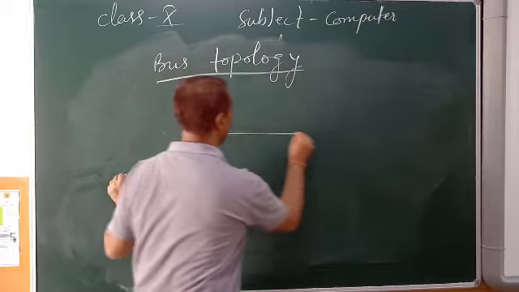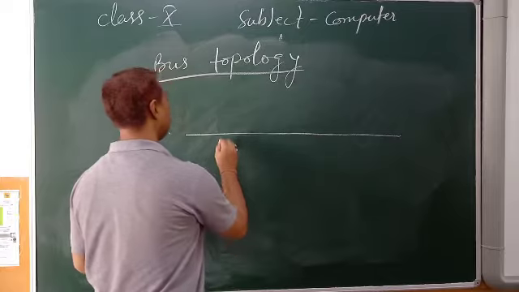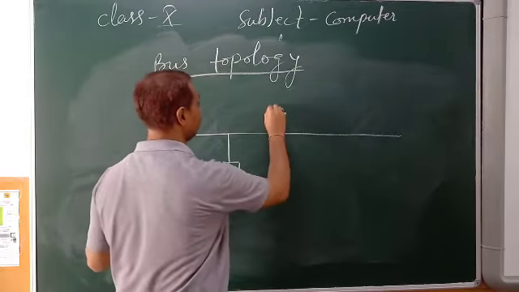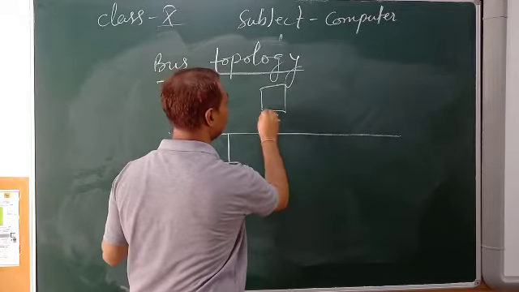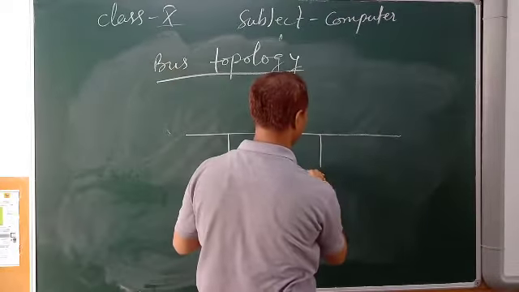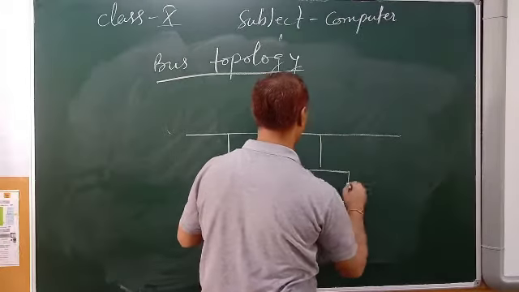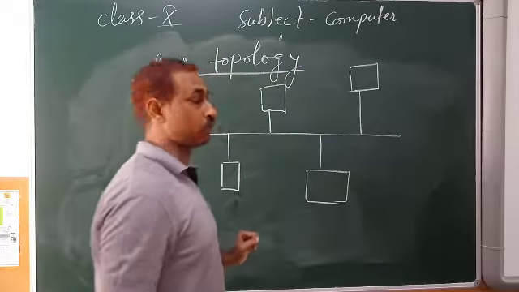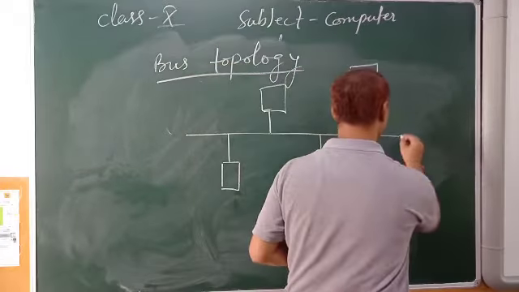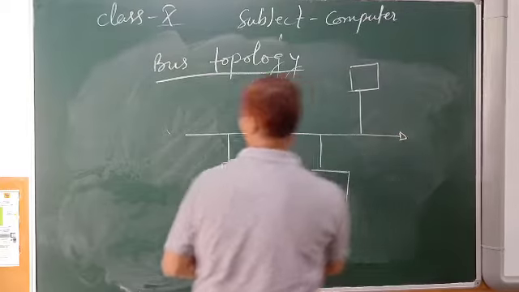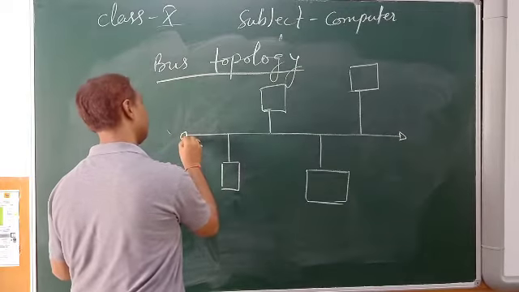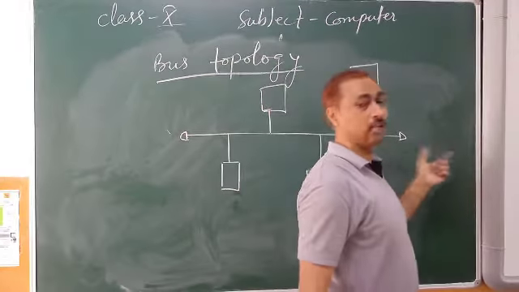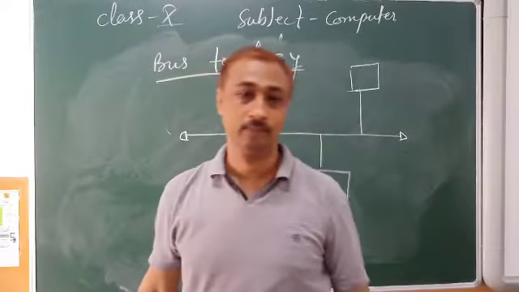Here a main cable is there and all the computers are connected to that cable. This is the architecture of bus topology or linear topology, and a stopper is there at both ends. They stop the signal so that it does not go out of the network.